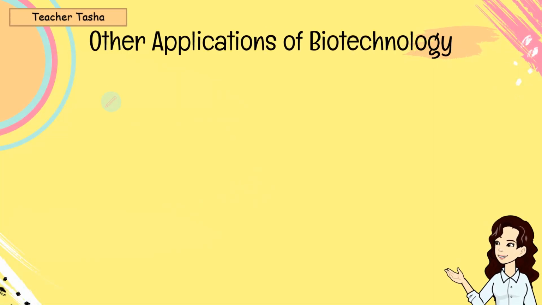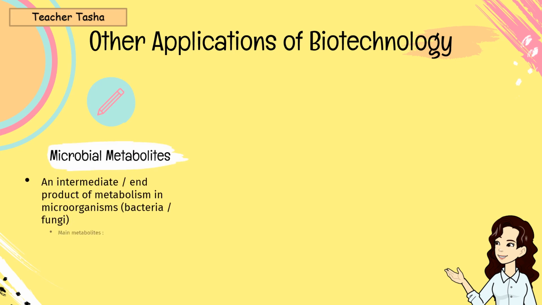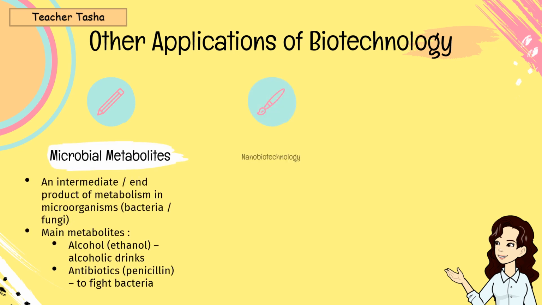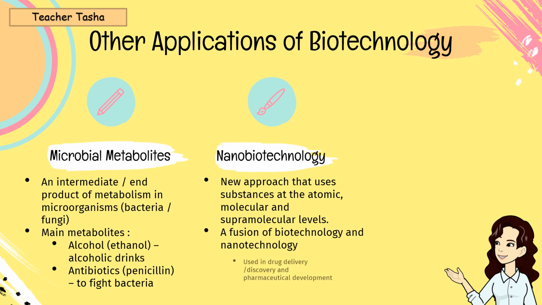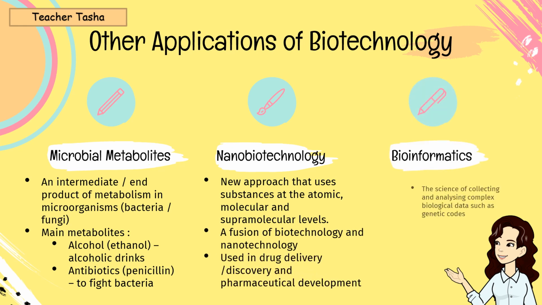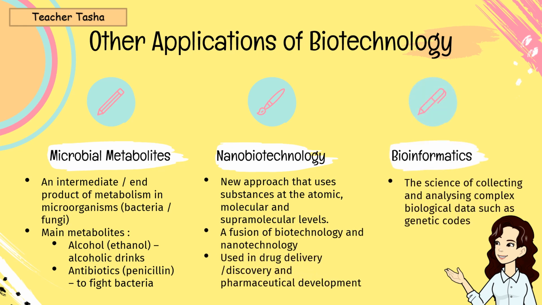Other applications of biotechnology. A microbial metabolite is an intermediate or end product of metabolism in microorganisms such as bacteria and fungi. The main microbial metabolites are alcohol, or ethanol to be specific, and also antibiotics.